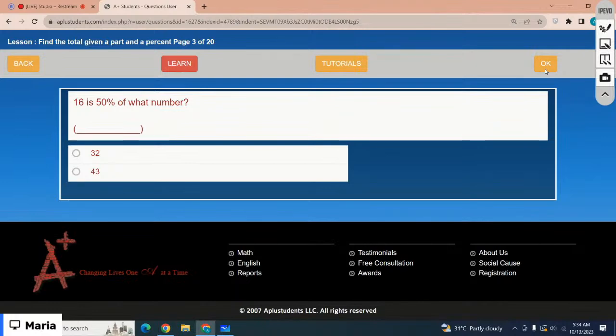So 16 is half of what number? Yes, it is 32. 16 is 50% of 32. The correct option is 32.